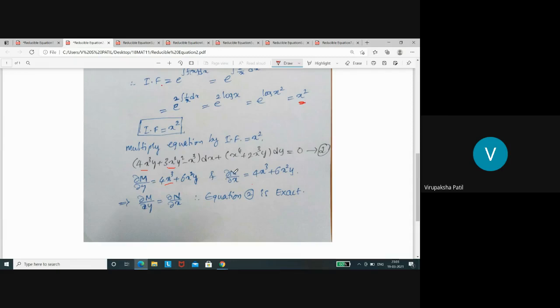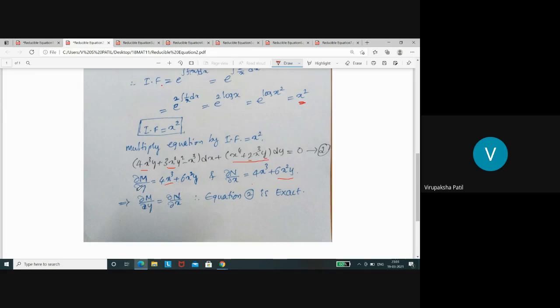And dou N by dou x. This is your new N, so differentiating N with respect to x. Differentiation of x raised to 4 is 4x cube, plus here 2 into y is held constant, differentiation of x cube becomes 3x square, so 3x square into 2y becomes 6x square y.